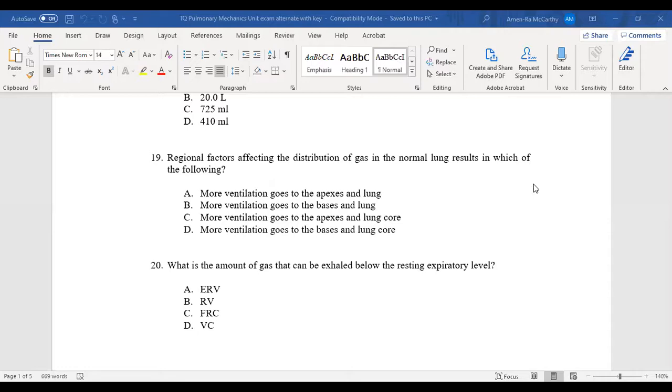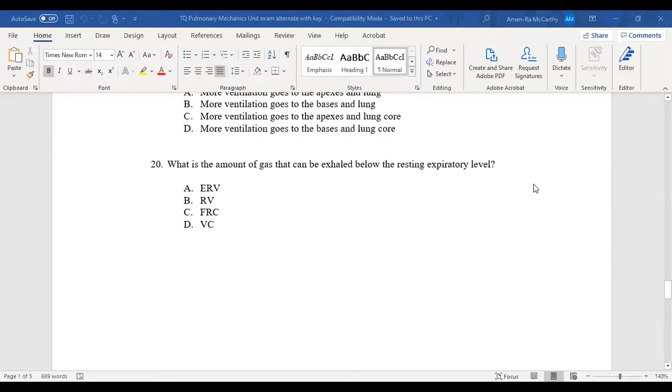I want how much goes to the bases as far as ventilation. Should be 4 times as much more ventilation to the bases and 20 times more perfusion to the bases. Okay. All right, last one.